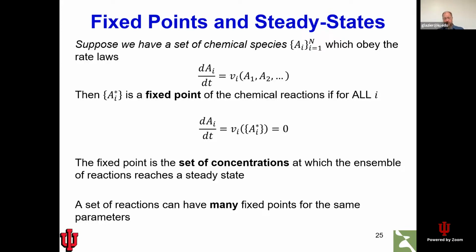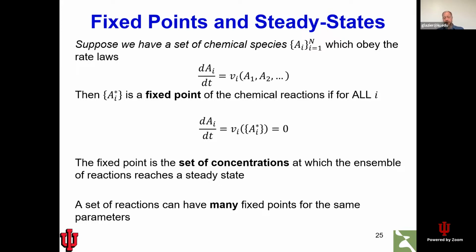A key thing is that as we change the parameter values in our models, fixed points will appear and disappear. When that happens, that's called a bifurcation, and that typically is pretty important.